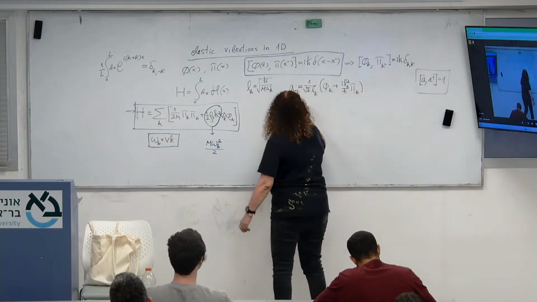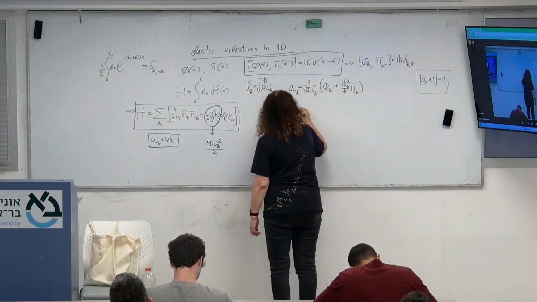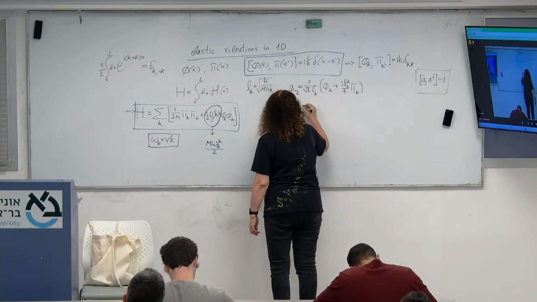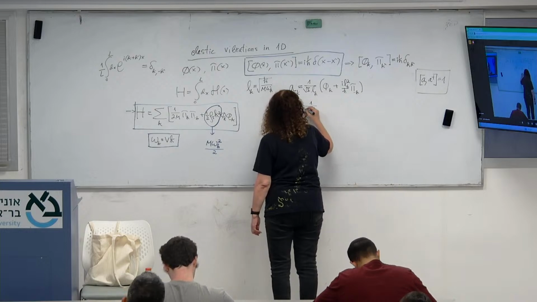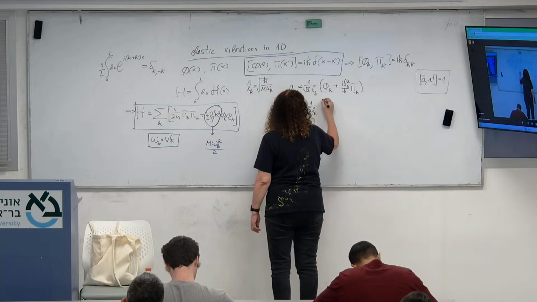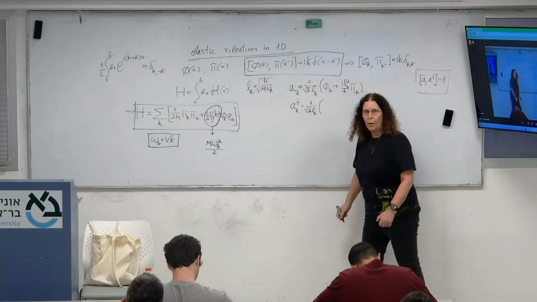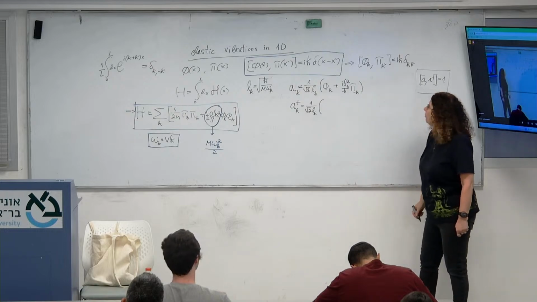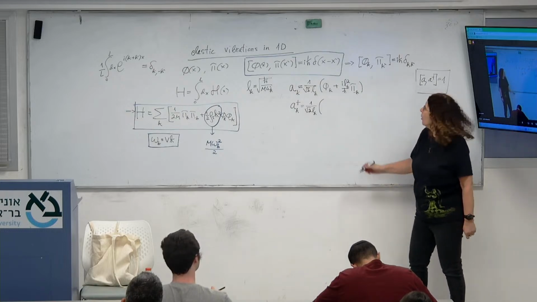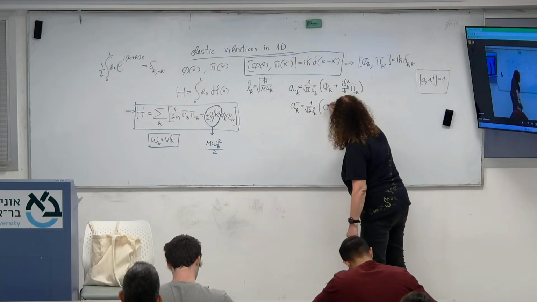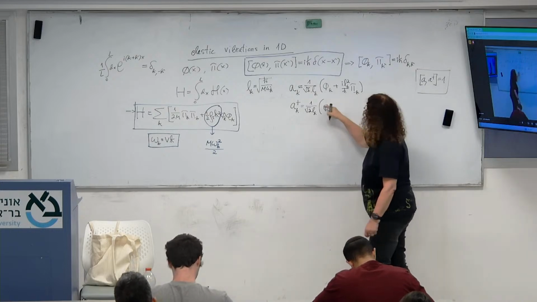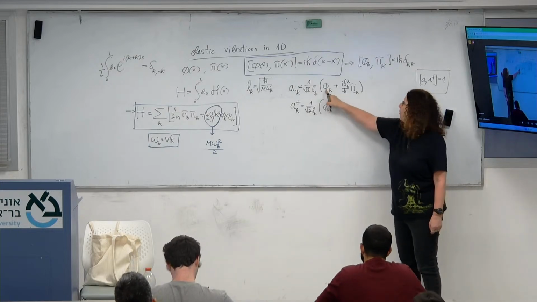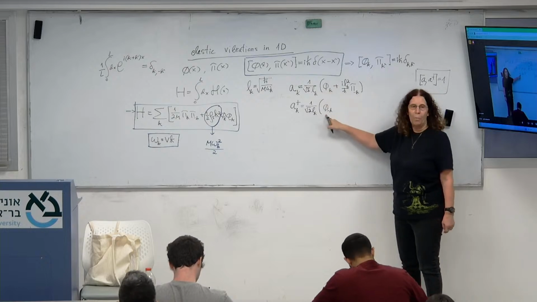Okay, and therefore, A_k dagger, let us now do it very carefully. What is the dagger of this operator? It's phi of minus k, right? Because remember that the conjugate of phi k is phi minus k.